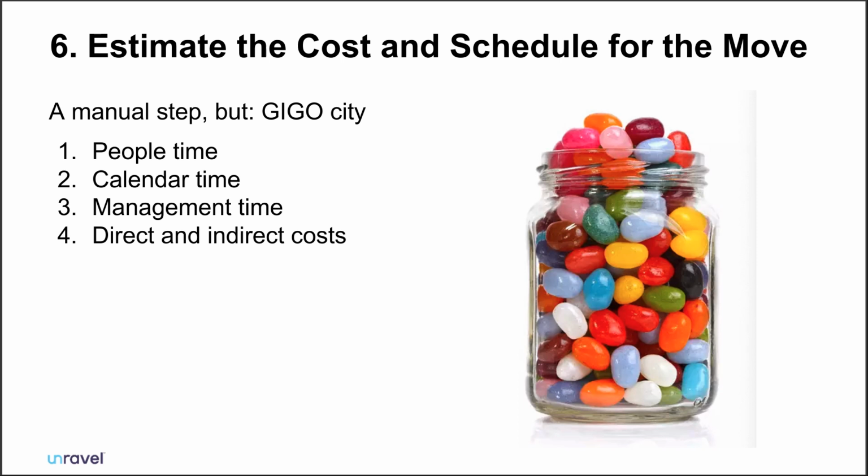So you may have all the people and all the money that you need, but if management has too much going on and can't fit in the decision making and support that you need to get a different tool or to approve a budget, it's not going to happen. And of course, you have to see direct and indirect costs. For instance, you may have a team of 10 people, and on that team, you may need a couple more people, or you may have fewer people after the move. But how much so? You've got to figure all that out, or at least get a good thumb on the wall for it.